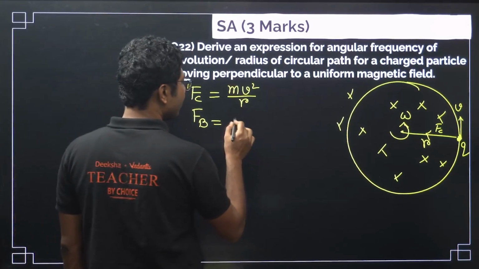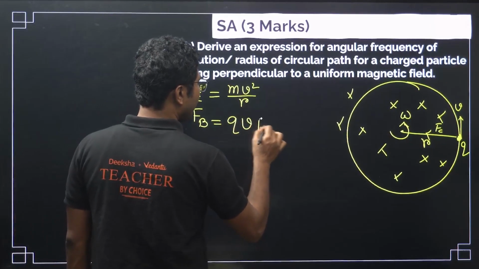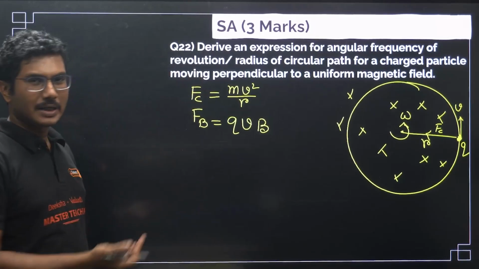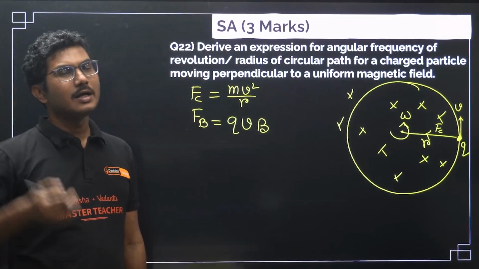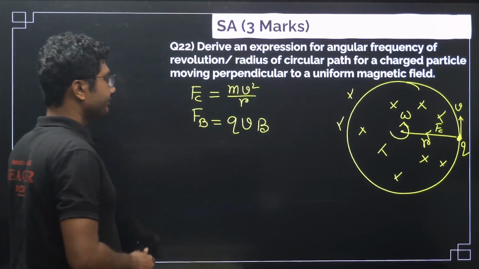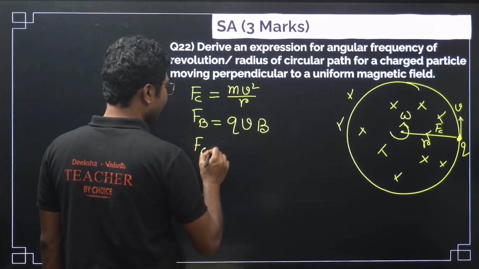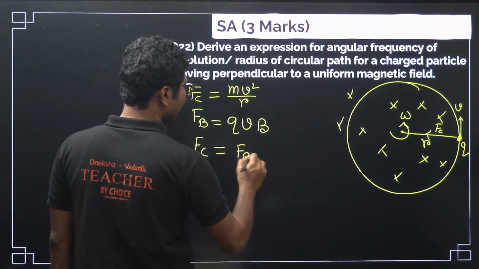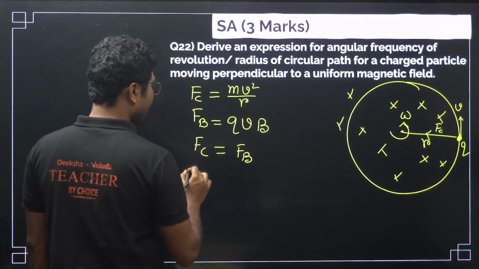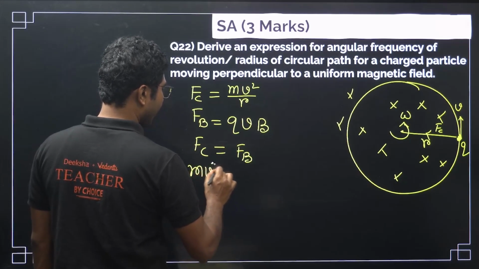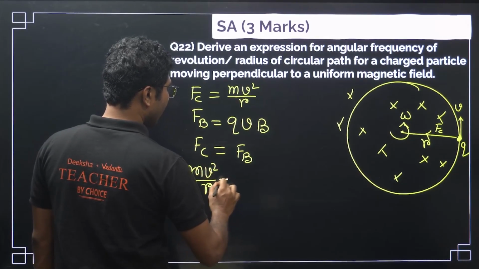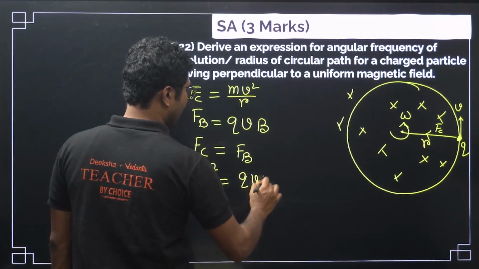What is magnetic force? qvB sin theta. In this case it is perpendicular, so theta is 90 degrees and sin theta is 1. So we can say these two forces must be equal. From here we can write mv square by r equals qvB.